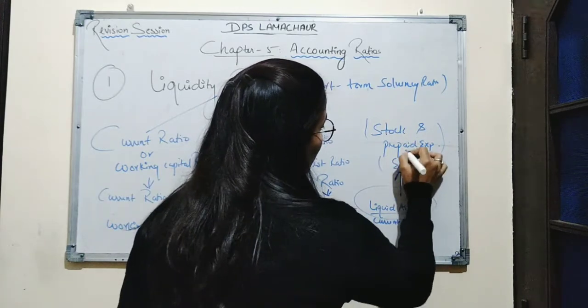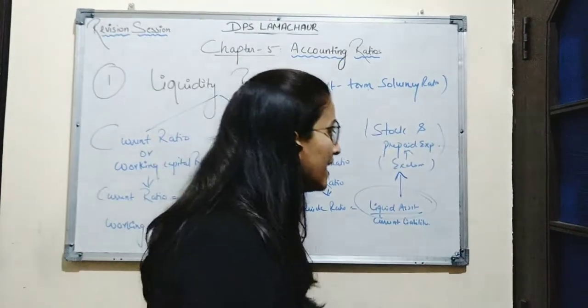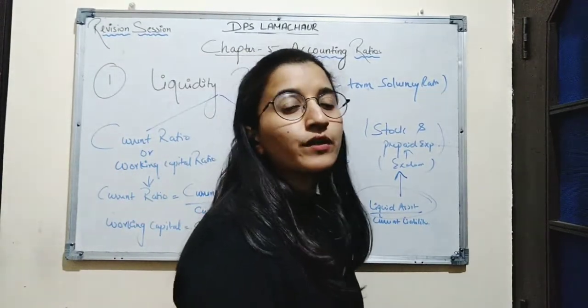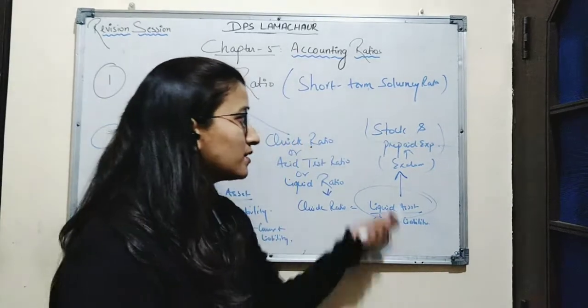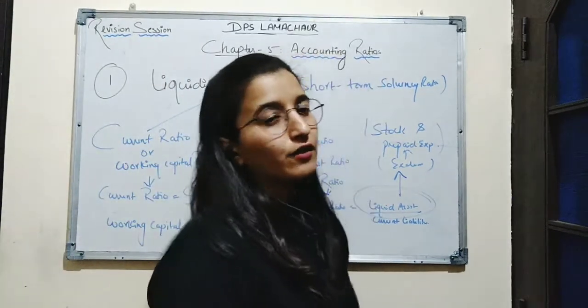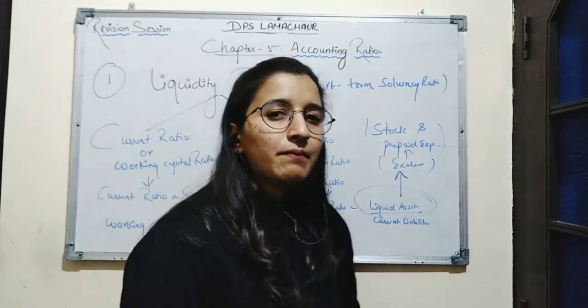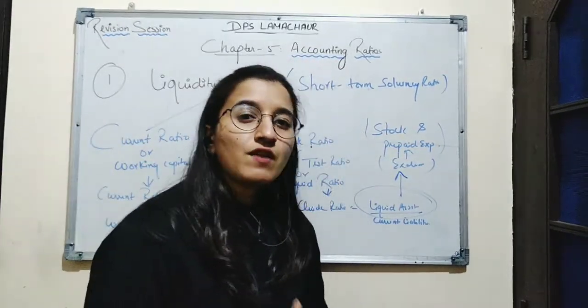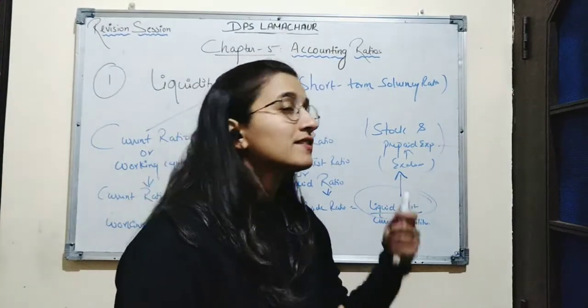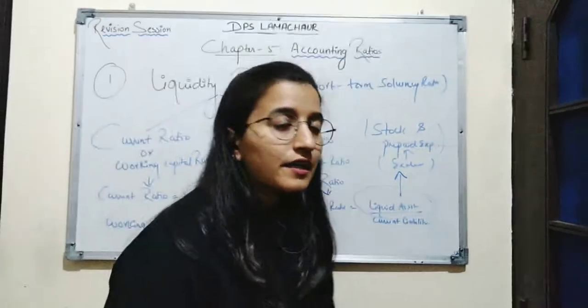It excludes stock and prepaid expenses because stock cannot be converted into cash within 2 or 3 months, because sometimes there is a condition when stock remains unsold at the end of the year. And prepaid expenses means the expenses which we have already paid in advance, so there is no chance of prepaid expenses getting converted into cash.